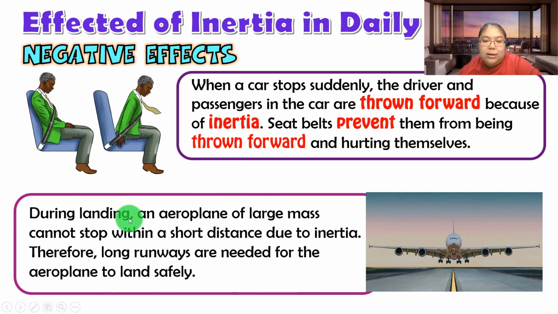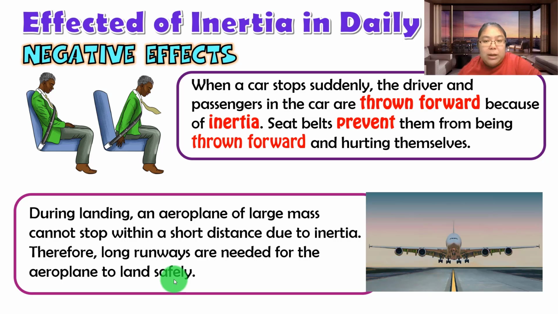During landing, the aeroplane cannot stop immediately, right? Because of its large mass, normally it will move for a long distance. So they say it cannot stop within a short distance due to inertia. Therefore, they build a long runway. It must slow down; it cannot slow immediately. It must slow slowly until it stops.